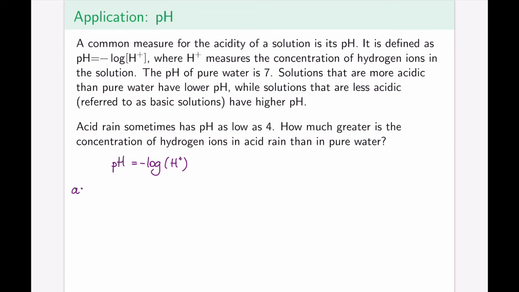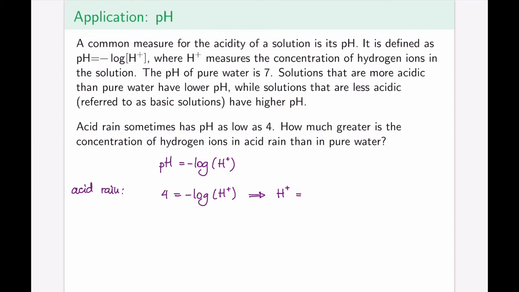In terms of acid rain, we have that the pH value is 4. So if I were to write this out, I will have that 4 is negative logarithm of the hydrogen concentration in acid rain. So in acid rain, if I am to solve this equation for the actual concentration, notice that I can essentially move minus to the other side and then raise both sides to the value of whatever base of the exponential function I want.